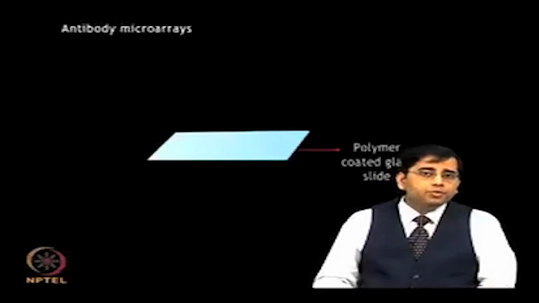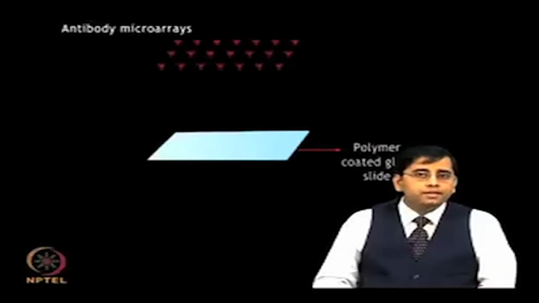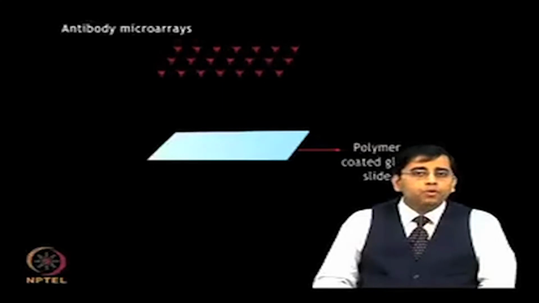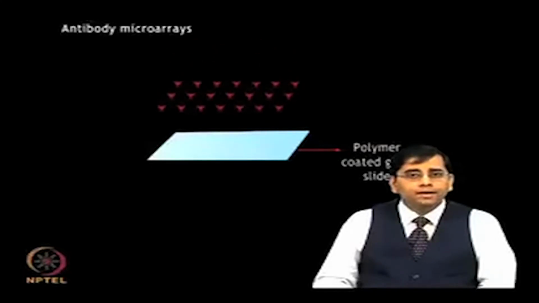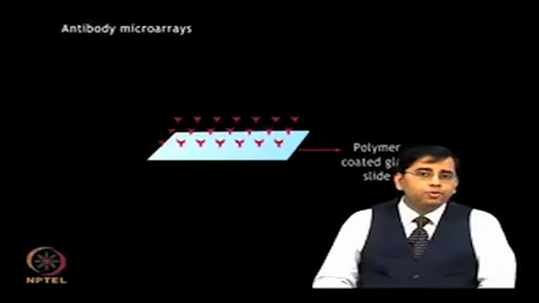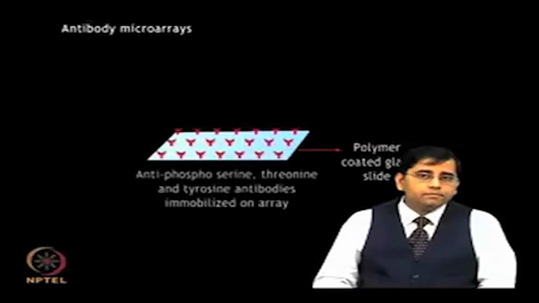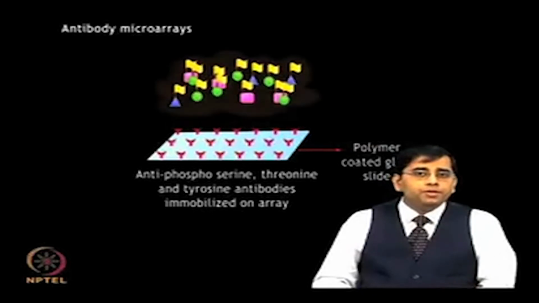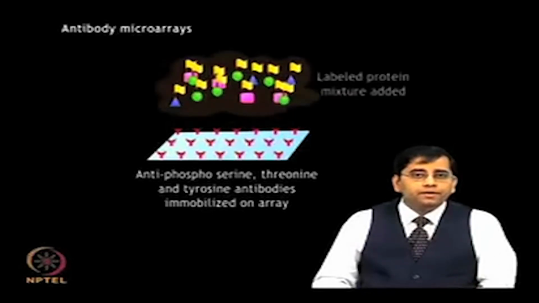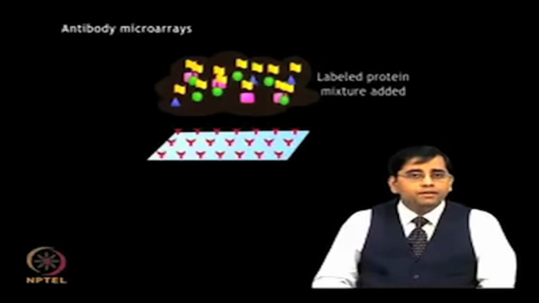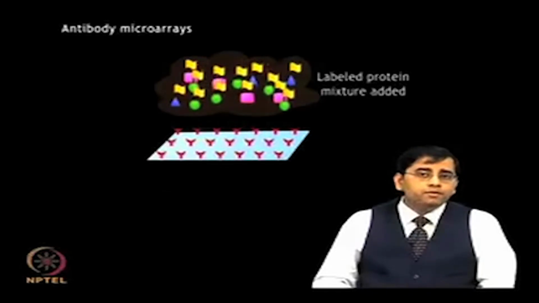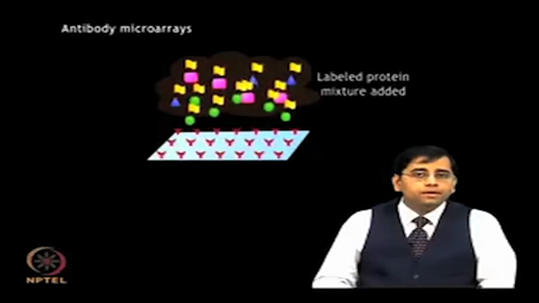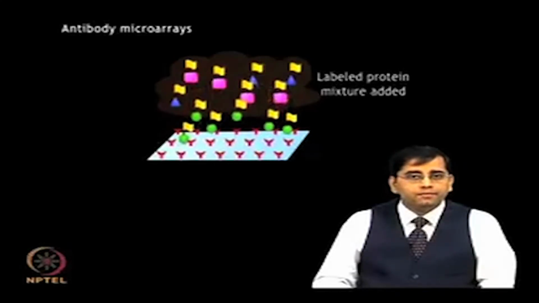Antibodies specific to phosphorylated serine, threonine or tyrosine residues, as well as motif antibodies, can be immobilized onto a suitably coated microarray surface and used for detection of post-translational modification. The complex protein mixture containing modified and unmodified proteins is labeled with a suitable fluorescent tag molecule and added to the array surface.